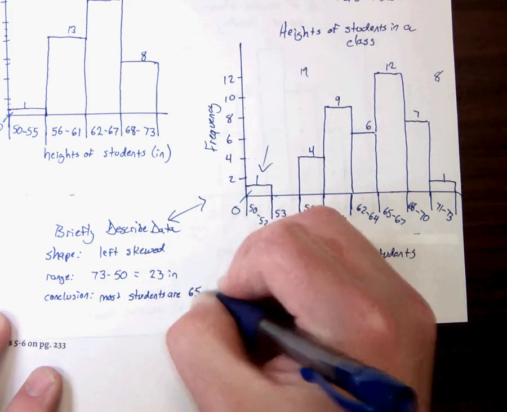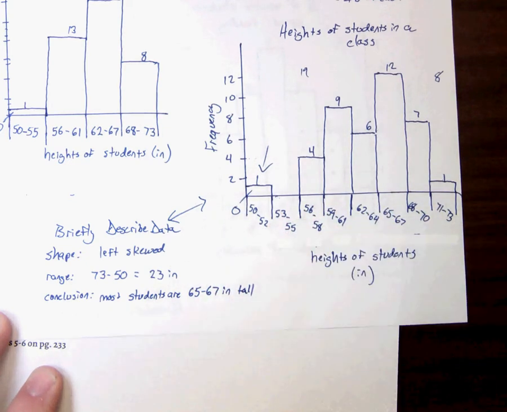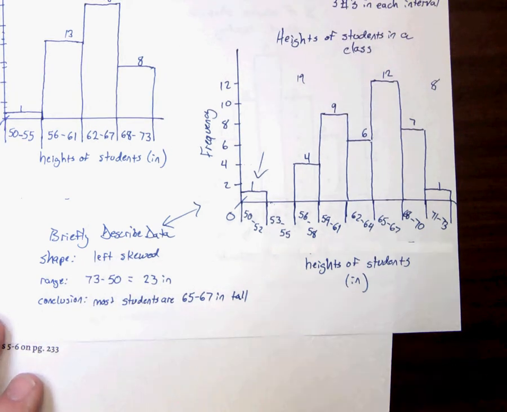And then last, normally we only do 3 things. However, if you ever identify an outlier, you must say so.